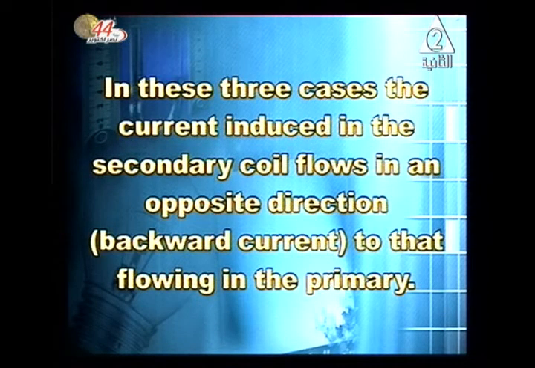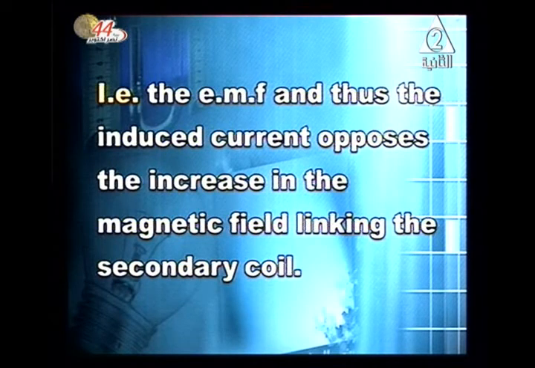In these 3 cases, the current induced in the secondary coil flows in an opposite direction, backward current we call it, to that of the current flowing in the primary circuit. That is to say, the EMF and thus the induced current opposes the increase in the magnetic field linking the secondary coil, because in the 3 cases there will be an increasing magnetic field linking with the secondary coil.